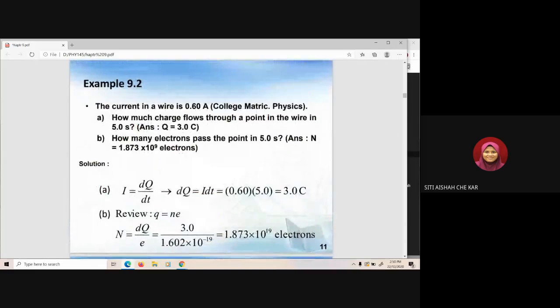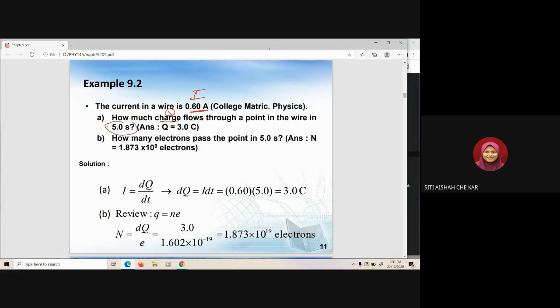Okay, let's look at example 9.1, how to solve this question. Let's say the current in the wire is 0.6 ampere. So this is I. How much charge flows through a point? Charge is Q, in the wire in 5 seconds.